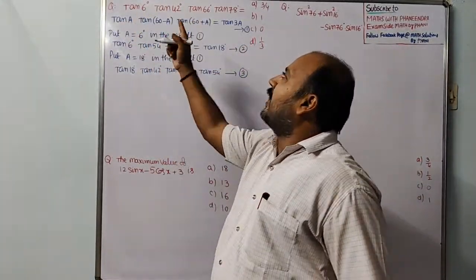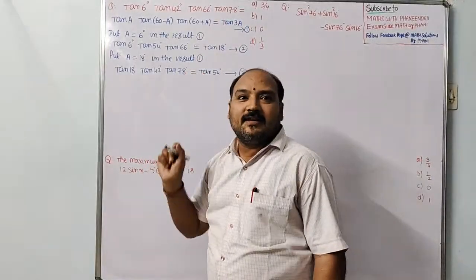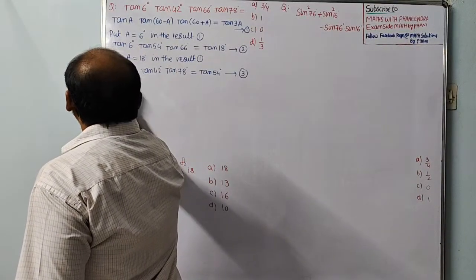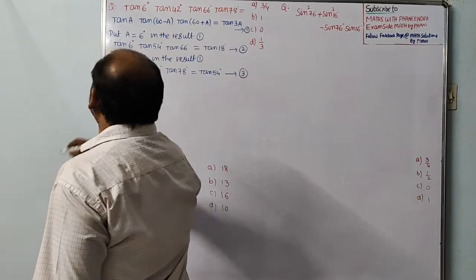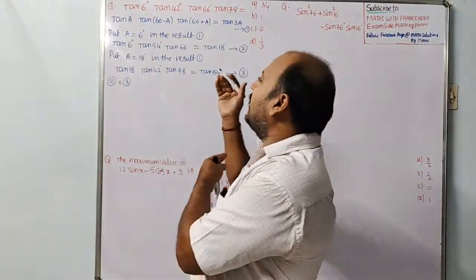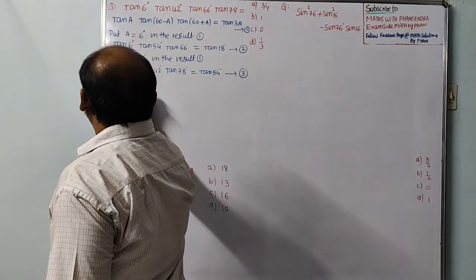Tan 6 into tan 42 into tan 66 into tan 78. So you have to multiply equation 2 into equation 3. LHS side you multiply, and RHS side values also multiply. See here, LHS side I am writing.